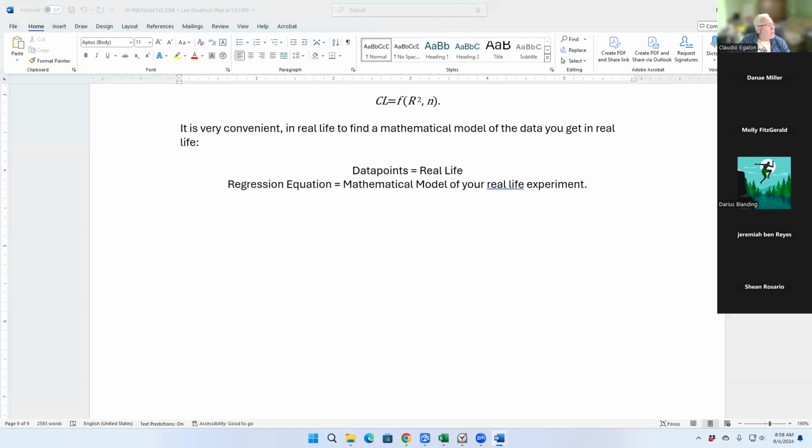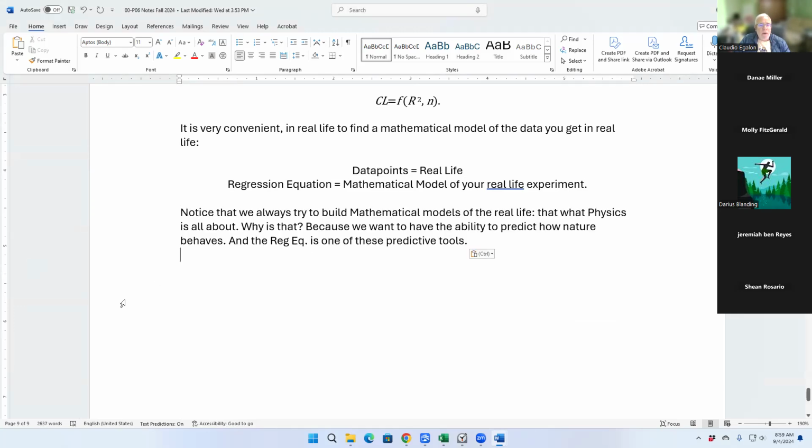And physics is all about building mathematical models of real life. Not just physics, but engineering as well. We always try to build mathematical models of real life. Why? Because we want the ability to predict how nature behaves, and how the device that you invented behaves.